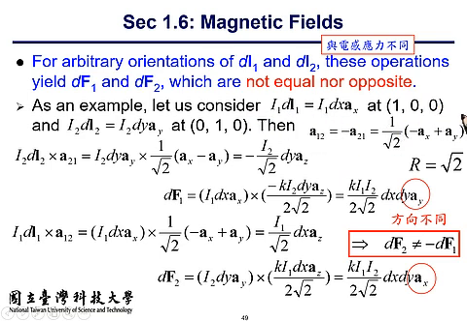So here is a numerical example. You should check with this example yourself. Say I1 dl1 is located at position 1, 0, 0. I2 dl2 is located at position 0, 1, 0. Then you can find out A12 and A21 are of opposite direction, like this.